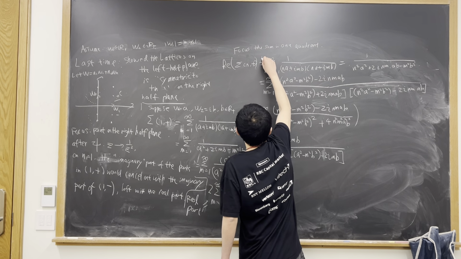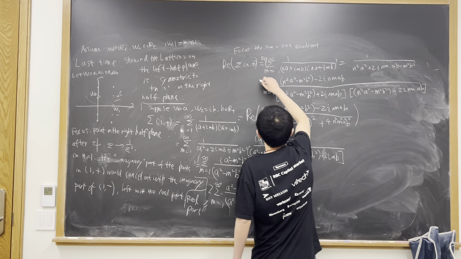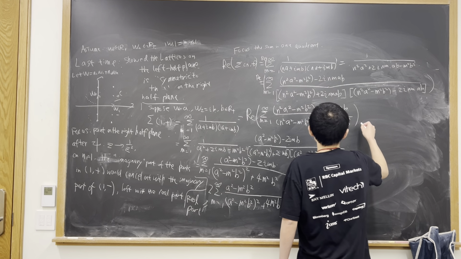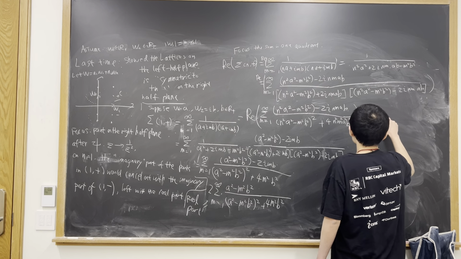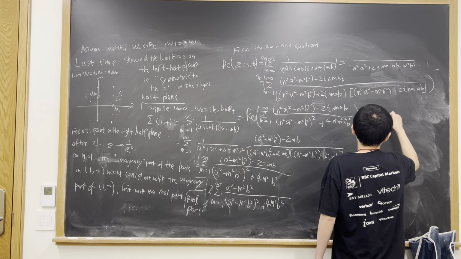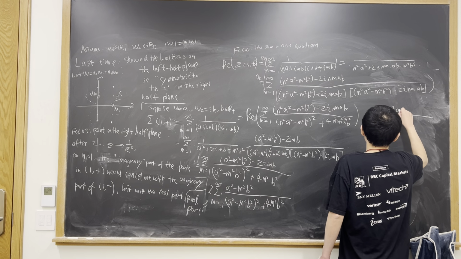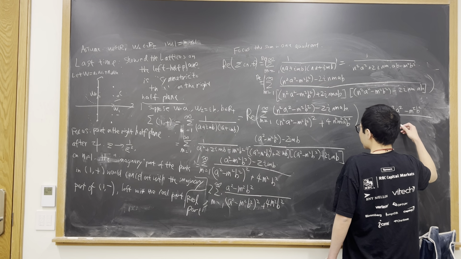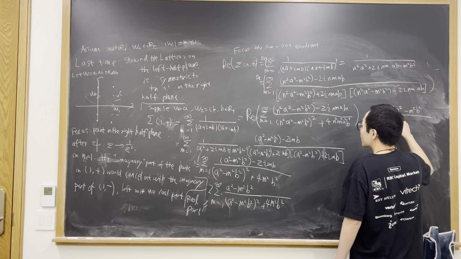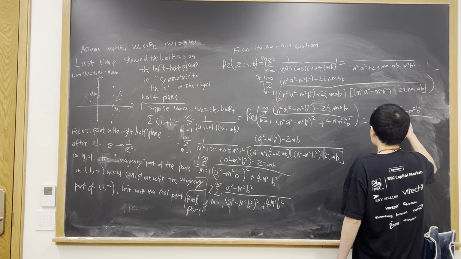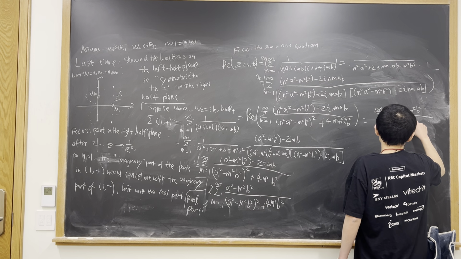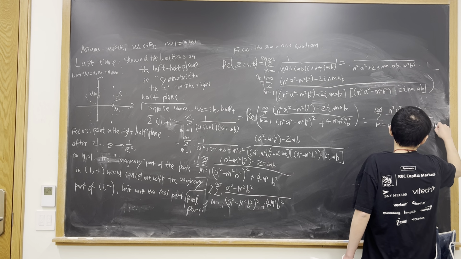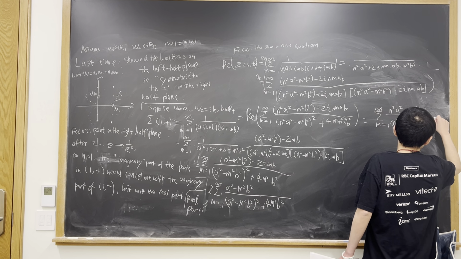So which is equal to the summation over m from 1 to infinity of just n squared a squared minus m squared b squared, over n squared a squared minus m squared b squared, squared, plus 4 n squared m squared a squared b squared.